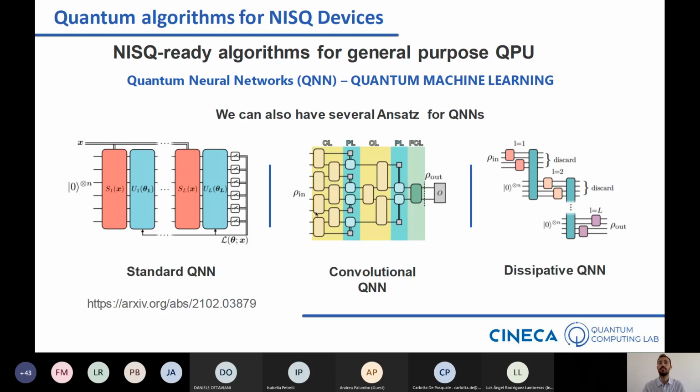So at first you increase the dimensionality because you encode everything into a quantum Hilbert space. But then you reduce the dimensionality via measurements. There are these pooling layers where classically you reduce the dimensionality, and here you reduce it via measurement.